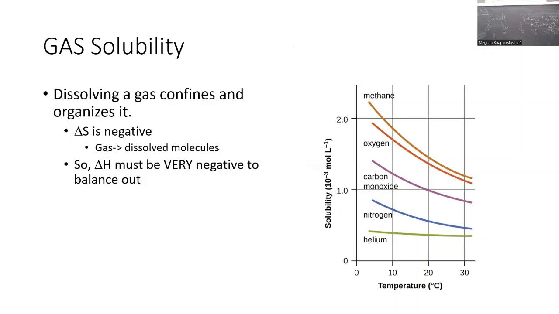So based on what we just said, if delta S is going to be negative, we need delta H to also be very negative, right? We have to counteract that. We have to have that big negative delta H in front of the minus T delta S.